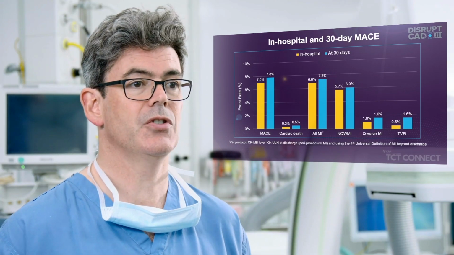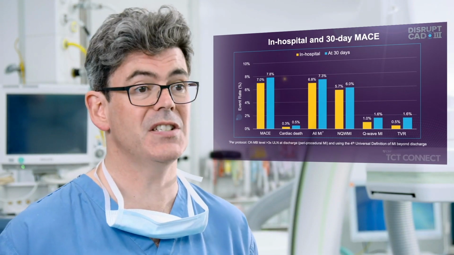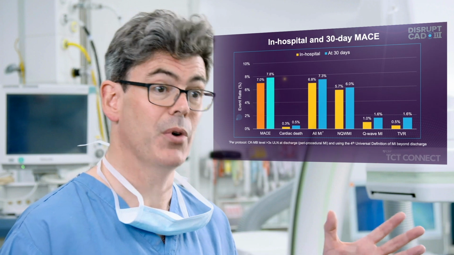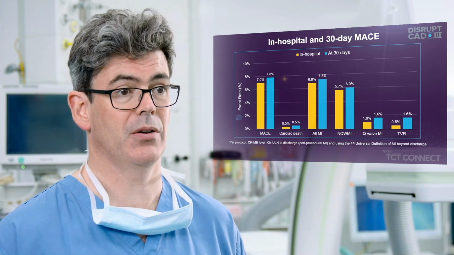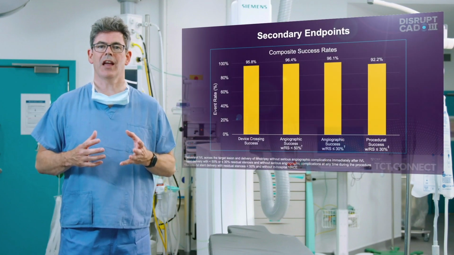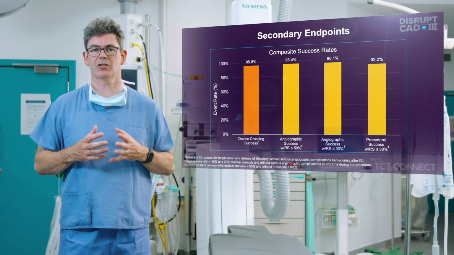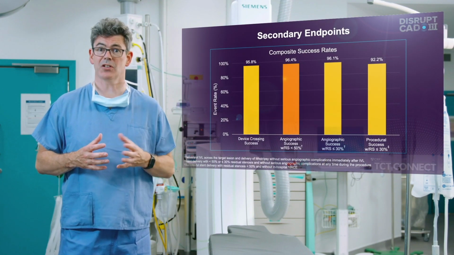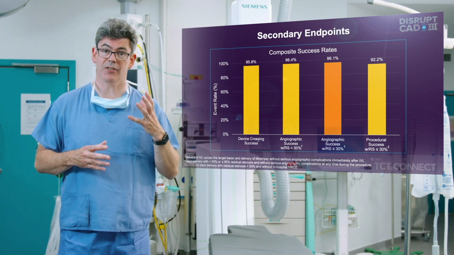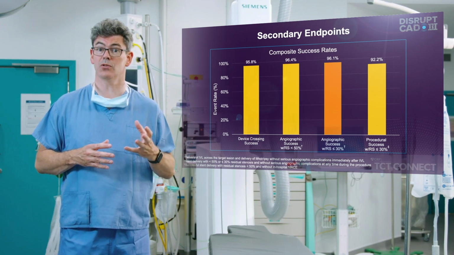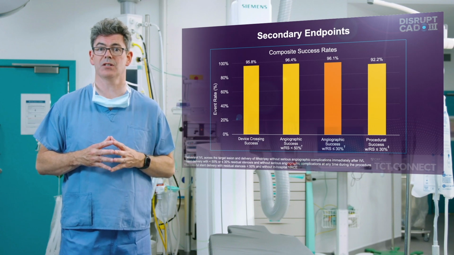This slide shows the in-hospital and 30-day MACE of 7 and 7.8% respectively, along with the individual components. Key secondary endpoints included device crossing success, angiographic success with a less than 50% residual stenosis, angiographic success with a less than or equal to 30% residual stenosis.